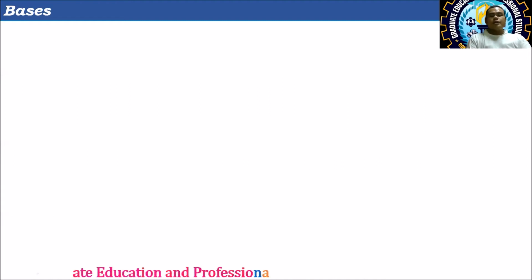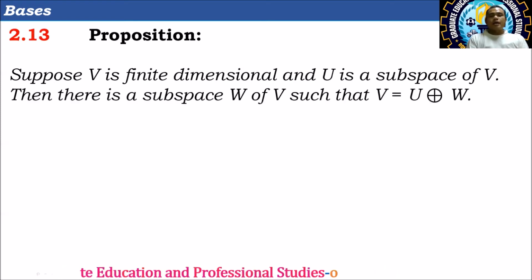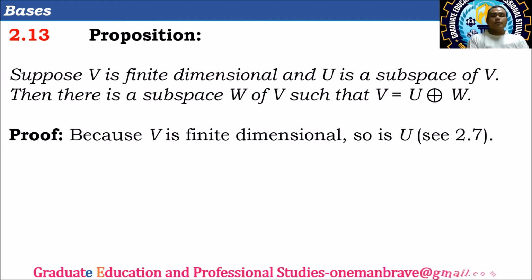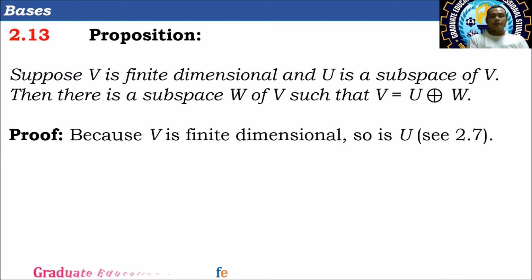We have also here: suppose V is finite dimensional and U is a subspace of V. Then there is a subspace W of V such that V is equal to the direct sum of U and W. Proof. Because V is finite dimensional, so is U, as presented in 2.7.